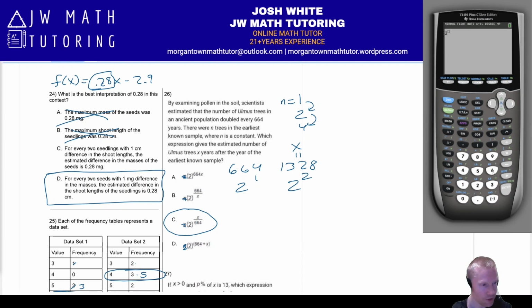Then if you look at B, you've got 664 divided by 1328. Do we get 4? No, we don't. It's wrong. If we do C, you'll see that it's correct because it's going to be 1328 divided by 664. Okay, we get 4. That checks. And again, for D, it's going to be way too big. Probably going to give us an error again. Put the exponent in correctly here.